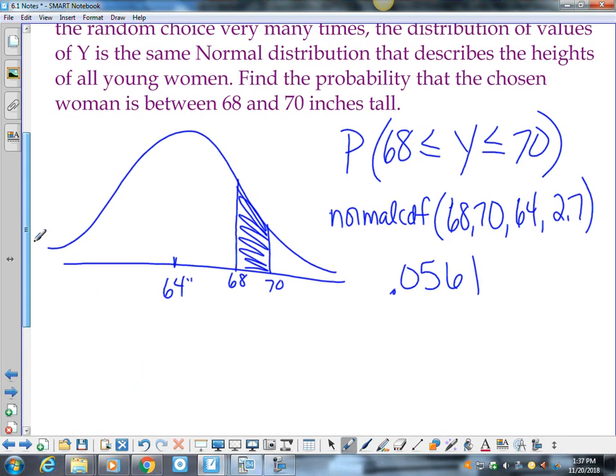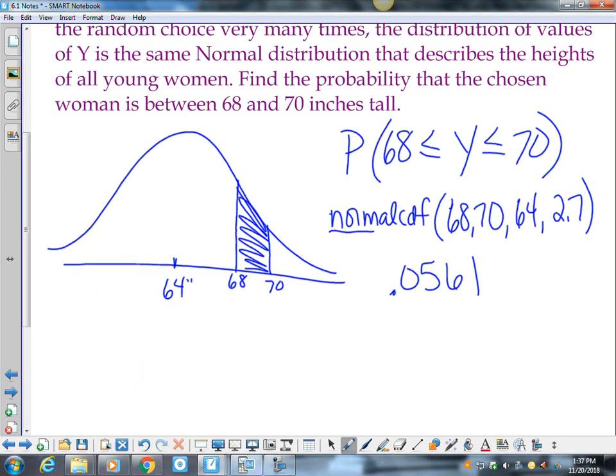When I taught you the normal CDF, didn't I say whenever you write normal CDF, you should have a curve? Okay, so now what they're saying is the 68 and the 70 I can see from here. Who is this? So mu equals 64 what? And sigma equals 2.7 inches. Label where your numbers are coming from.